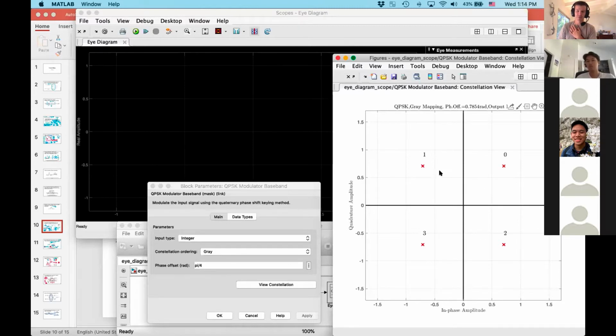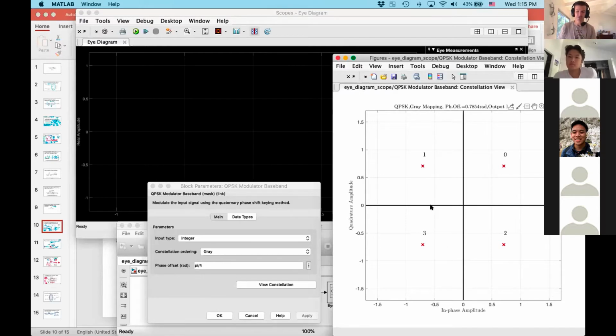So if the symbol in this quadrant differs in bits by 1 from this quadrant, then crossing over here, you're only going to make 1 bit error, even if you make 1 symbol error. So putting a double 0 here and a double 1 here makes the possibility of a 2-bit error, but a single symbol error, the least likely, if you think about it that way.